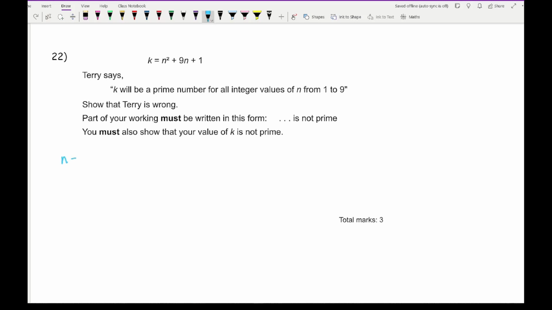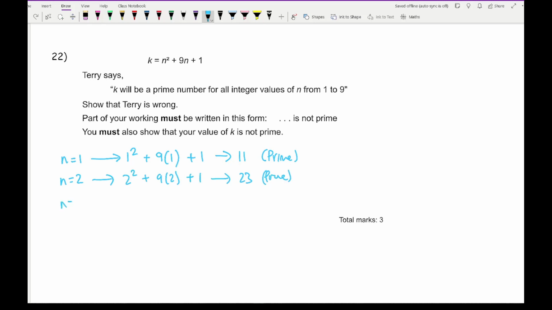So for this, if you write n equals 1, then if I substitute that into the expression, I have 1 squared plus 9 times 1 plus 1, and that equals 11, which is prime. Then substitute n equals 2. I get 2 squared plus 9 times 2 plus 1, which is 23, and that's prime.